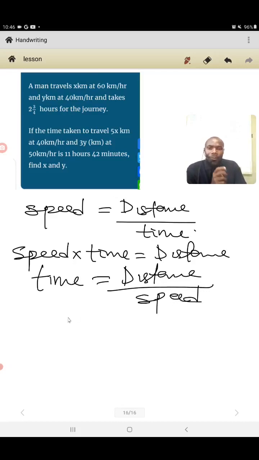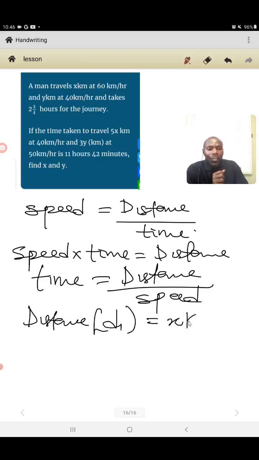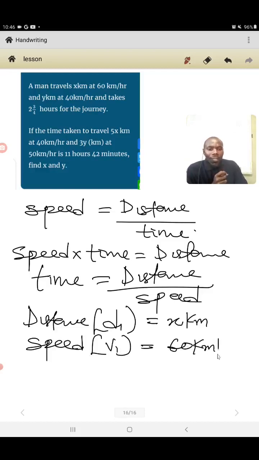A man travels x kilometers at 60 kilometers per hour, meaning that distance 1, D1, is equal to x kilometers, and the speed, V1, is equal to 60 kilometers per hour.